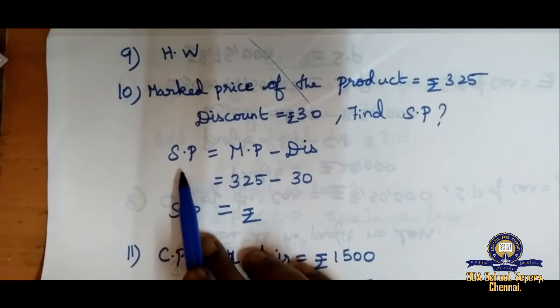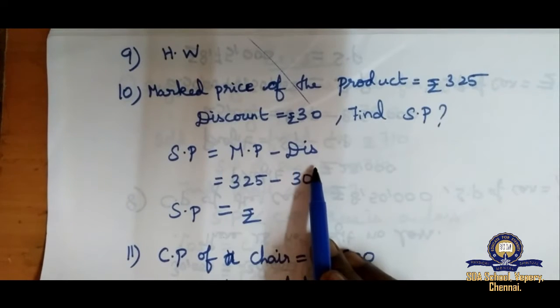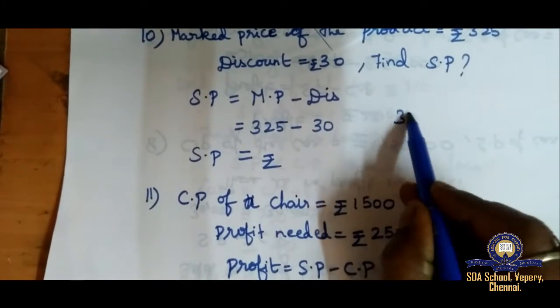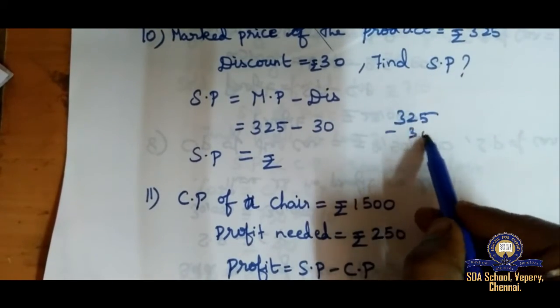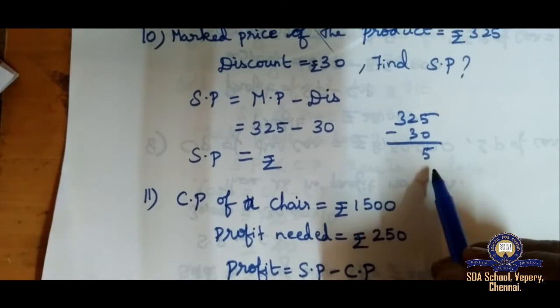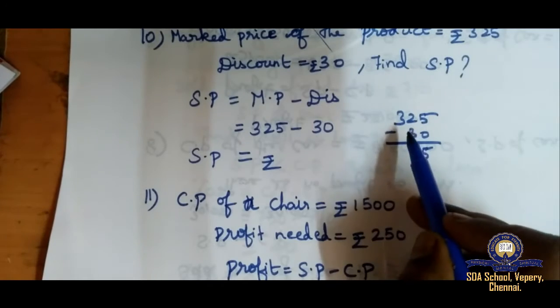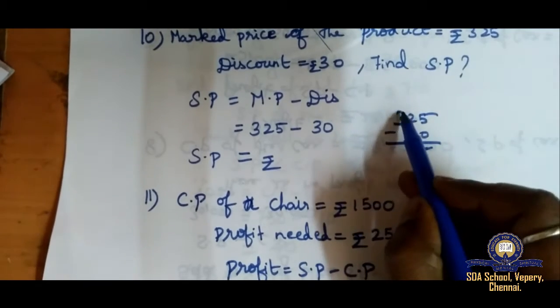So we know the SP formula is marked price minus discount. Marked price is 325 minus discount is 30. If I subtract 325 minus 30, what will I get? Here 5 and 0, 5 you will get. 2 cannot be subtracted from 3, so borrow.